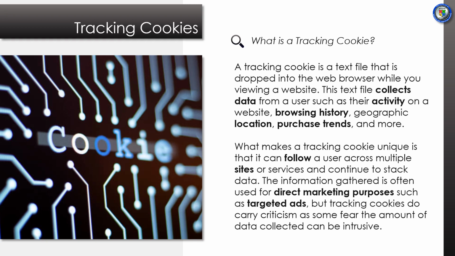What makes these tracking cookies unique is their ability to follow a user across multiple sites or services and continue to stack this data up. The information gathered is often used for direct marketing purposes, such as targeted ads, but tracking cookies do carry criticism as some fear the amount of data collected can be intrusive.